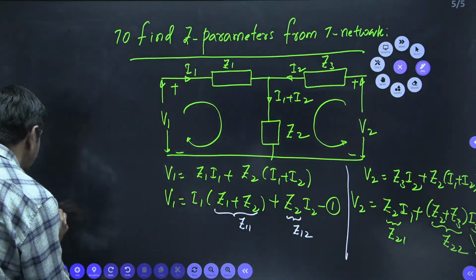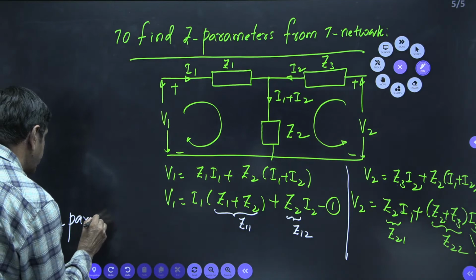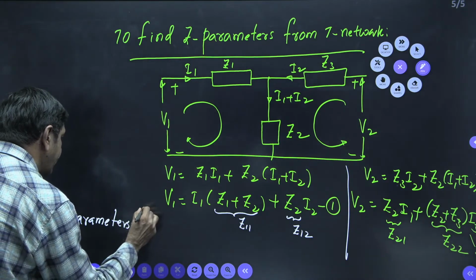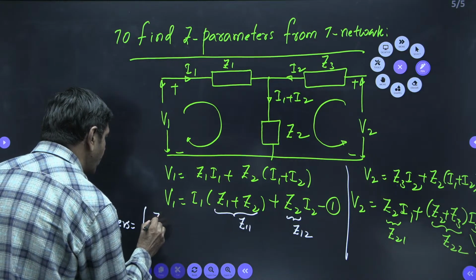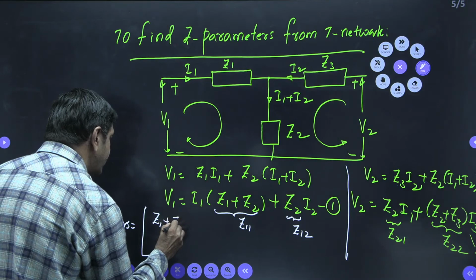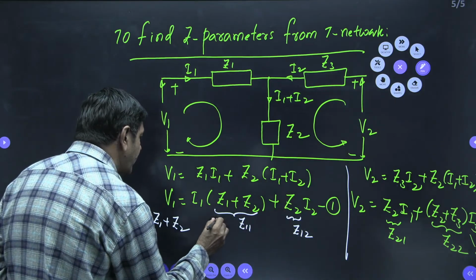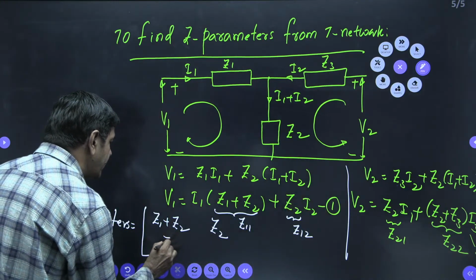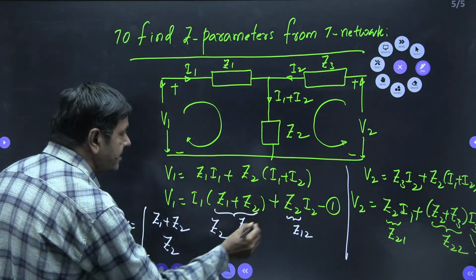Z parameters are: Z11 means Z1 plus Z2, no doubt. Z12 is nothing but Z2, Z21 is nothing but Z2, and Z22 is nothing but Z2 plus Z3.